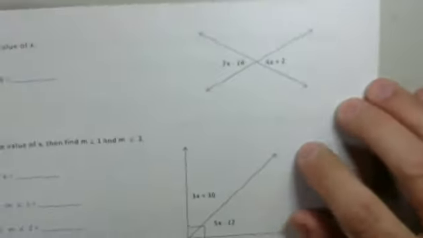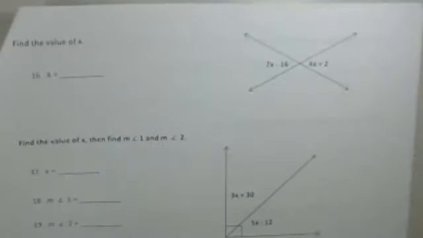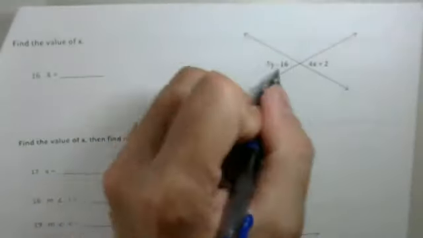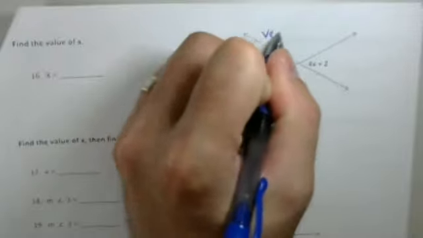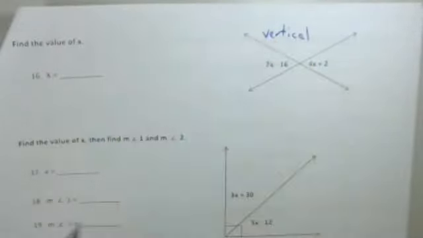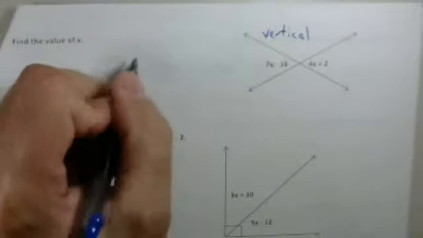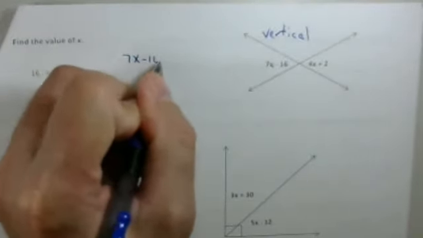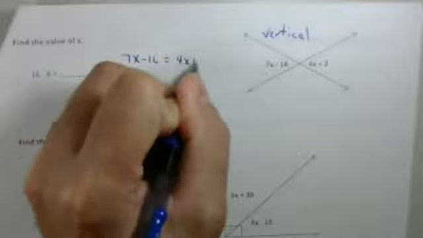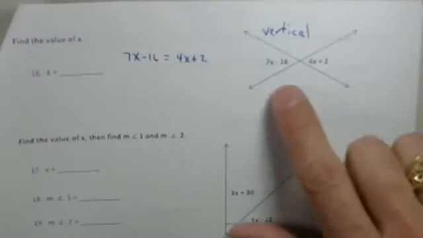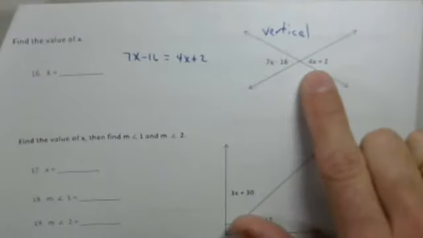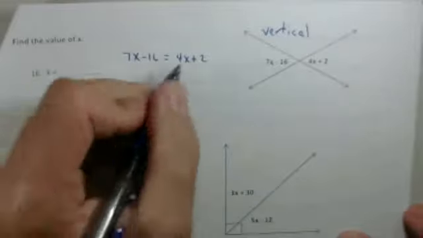Now, moving on to this page, this is from section 1.4, angle pairs. Remember that these two angles are what we call vertical. And if you'll remember, vertical angles are always congruent. And if they're congruent, then we simply set them equal to each other. So 7x minus 16 equals 4x plus 2.